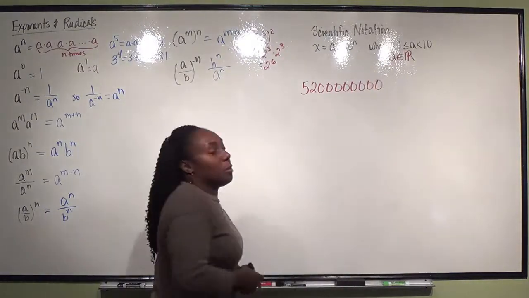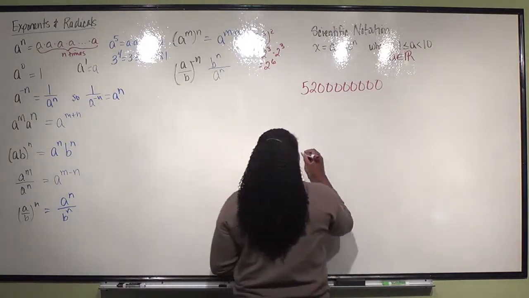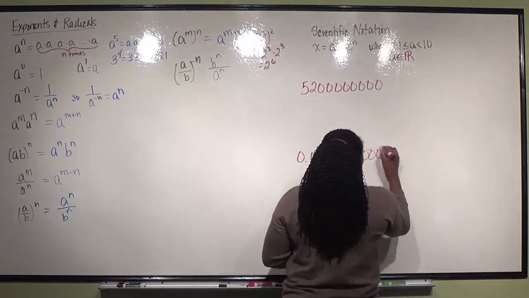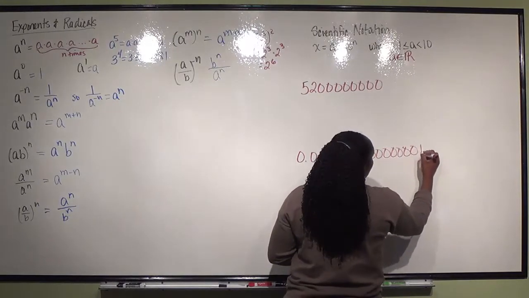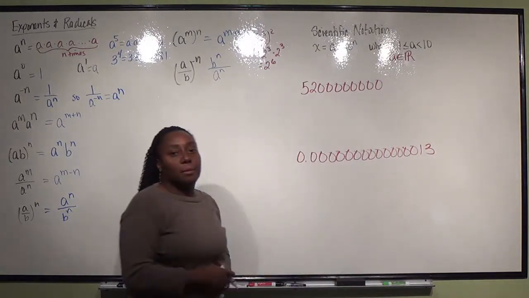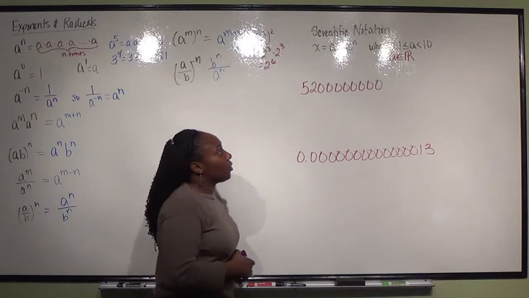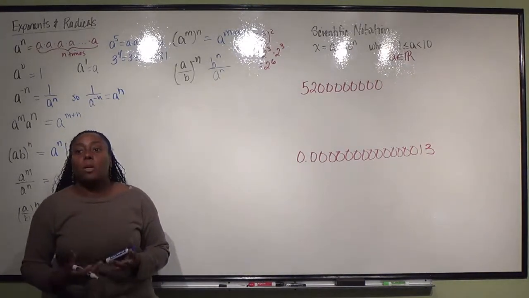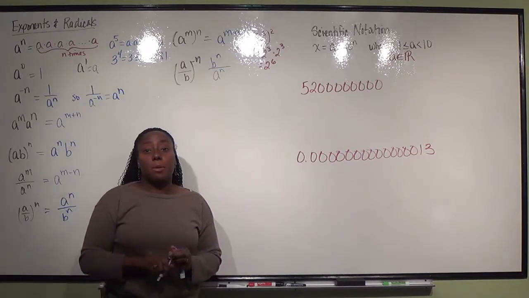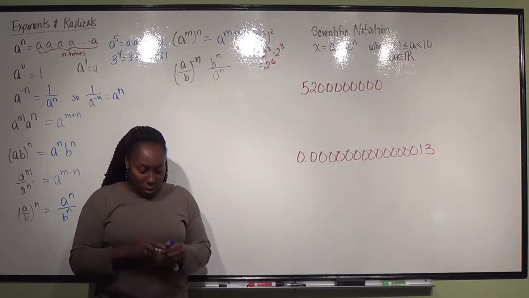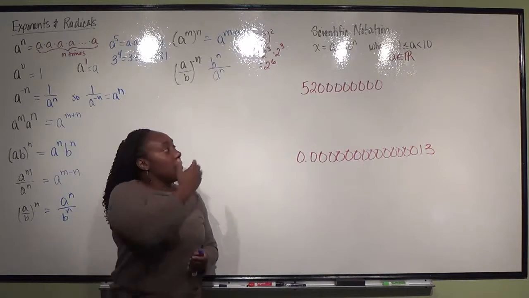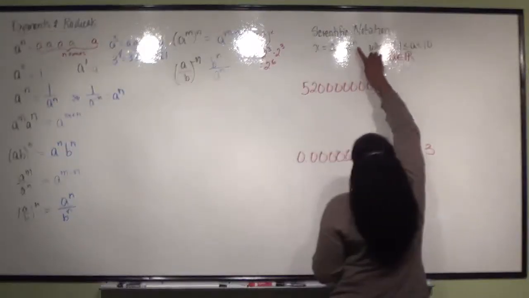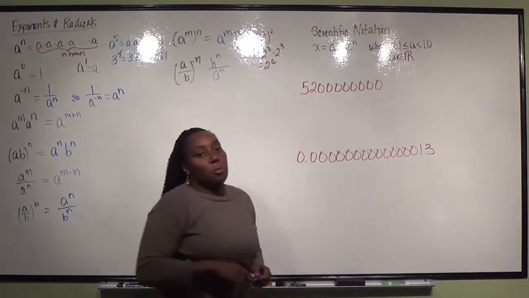So like I said, it's going to be used for very big or very small numbers. Okay? And so to put a number into scientific notation, the first thing I need to determine is what is my a. So what is the number between 1 and 10 that I'm going to use so that I can rewrite the value of this. Okay? And so the nice thing about the 10 to a power is it takes care of all those extra places.